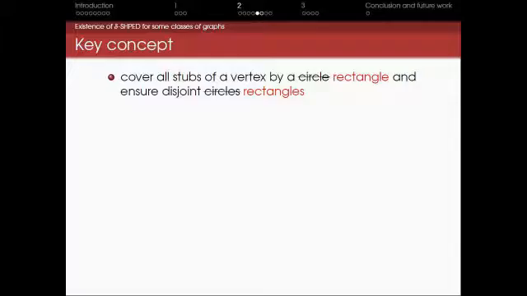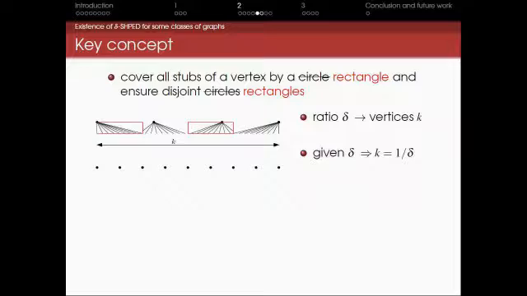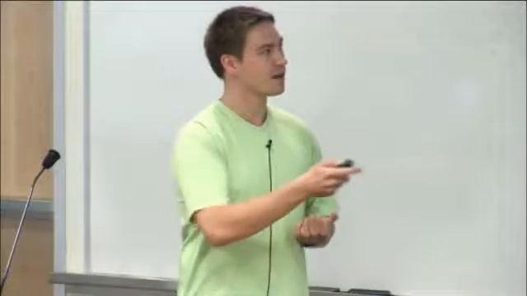Instead of circles, we can consider rectangles and ensure that they don't overlap. For considering bipartite graphs, we consider just one set of vertices, which we place side by side, and can compute from the ratio the number of vertices in the row.